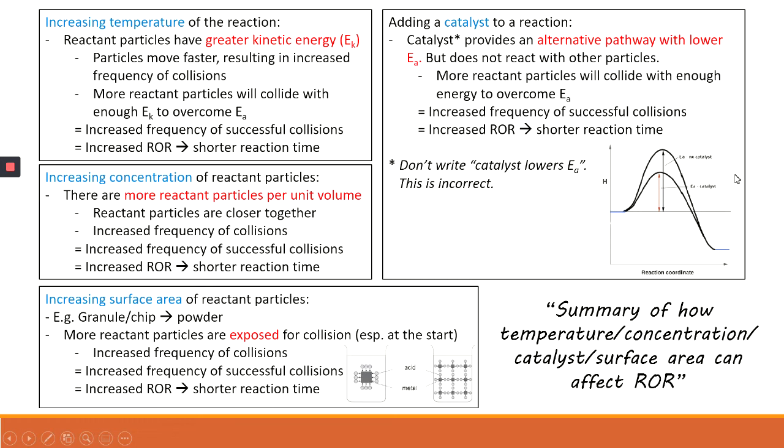And the reason why I added this graph is because when I was checking the previous exams, some of the questions that dealt with catalyst asked the students to actually draw the graph and refer to that in their answer. So I think it would be a good idea to actually learn how to draw this graph and actually understand what's going on. So this is the summary, and I hope this is helpful for your revision.